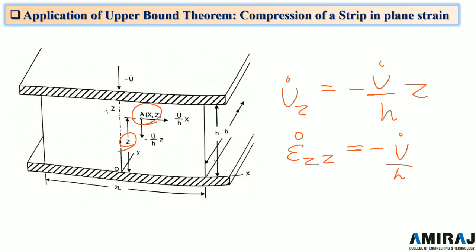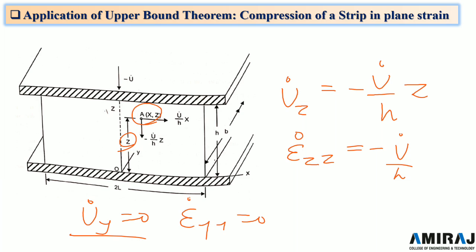And as discussed above, there is no elongation along the strip axis. Therefore, the u dot y is equal to 0, and the strain rate epsilon yy is also equal to 0.